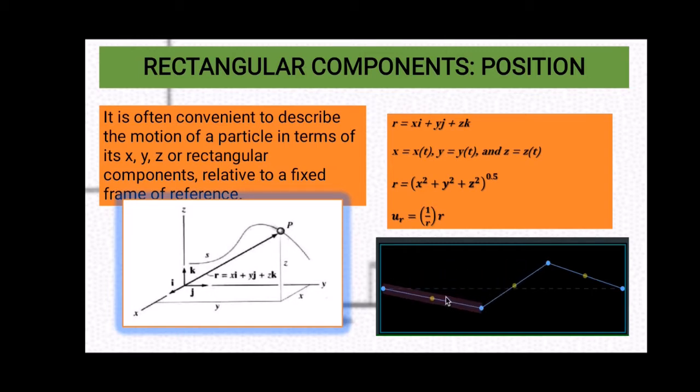Then the magnitude of the position vector is r is equal to x squared plus y squared plus z squared raised to 0.5. Then the direction of r is defined by the unit vector u sub r, which is equal to 1 over r times r.